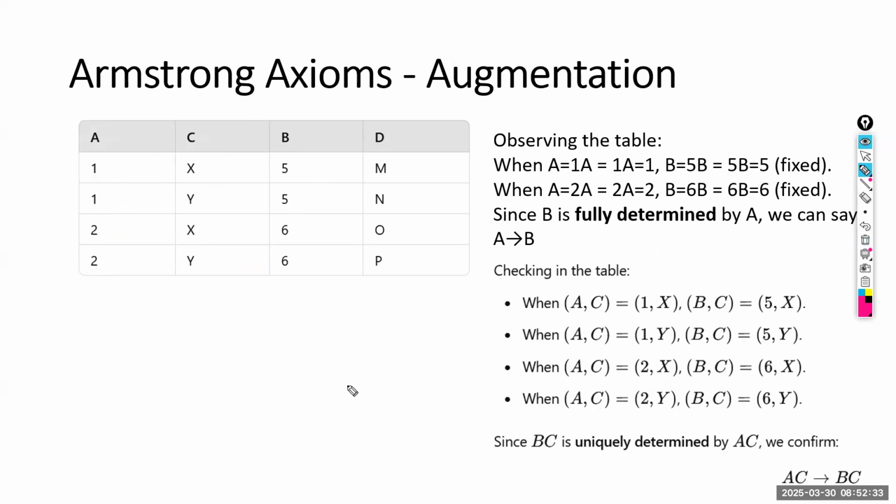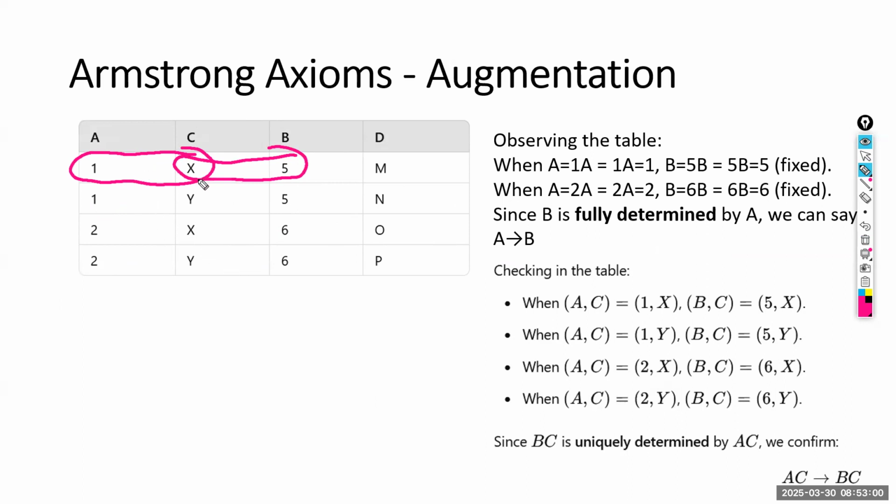Right. So now let's have C. C has for these four records here X, here Y, here X, here Y. Now AC, that is 1 and X combination, determines B and C combination. Okay. That is X and 5.